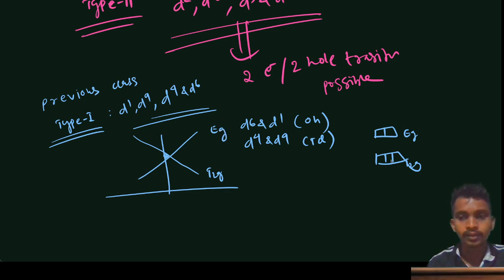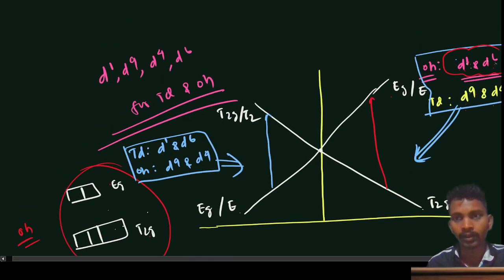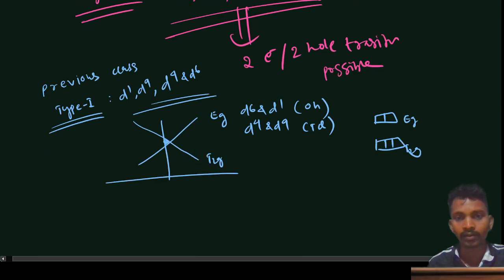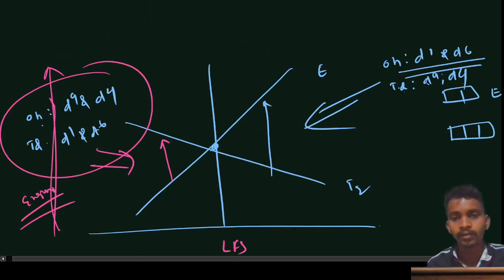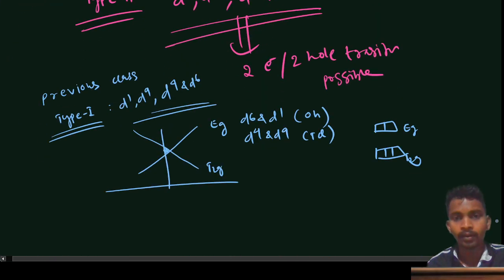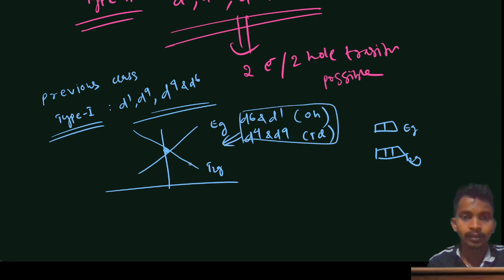Okay, and that D1 and D6, sorry, D6 and D1. So these are the D6 and D1 and D4 and D9 of this. We follow this type of transitions.